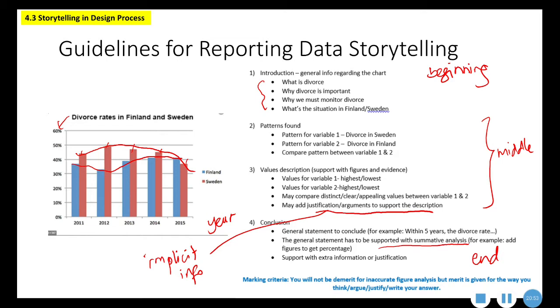So if you remember, when you did this type of writing during high school, you learned about explicit information and implicit information.